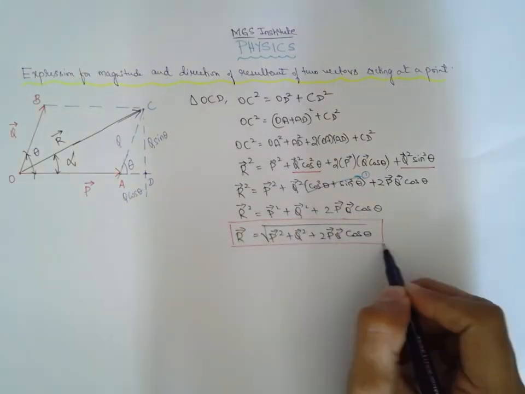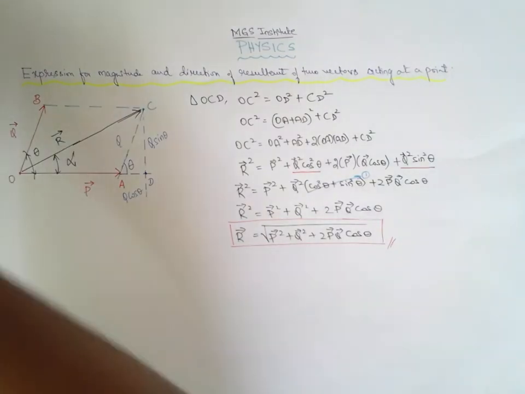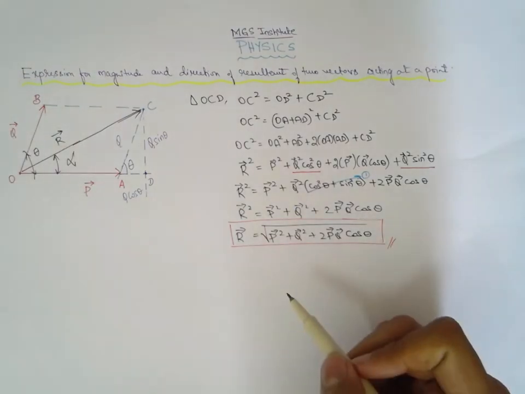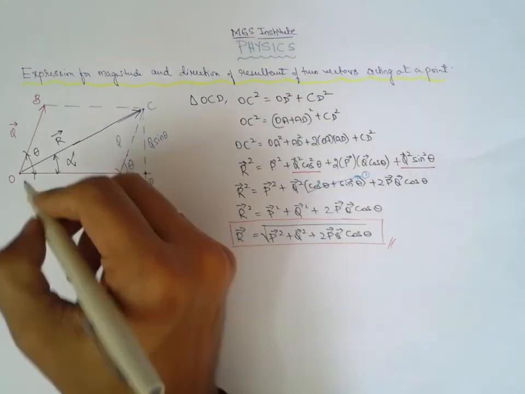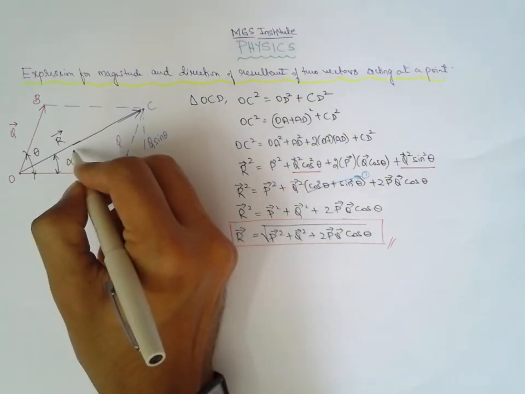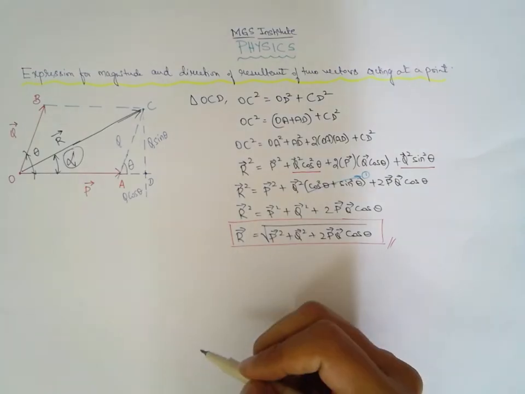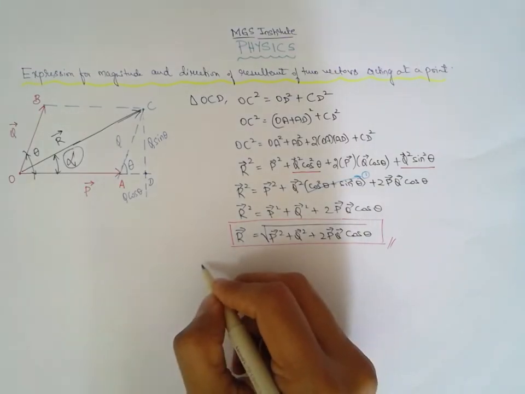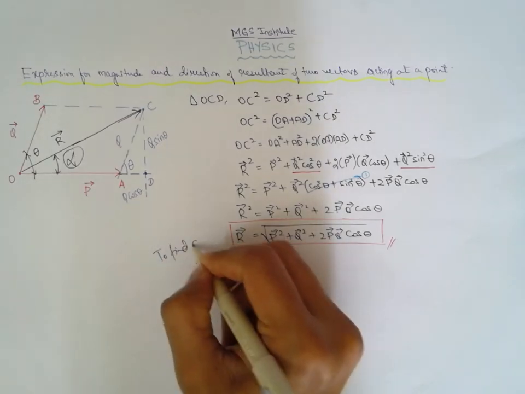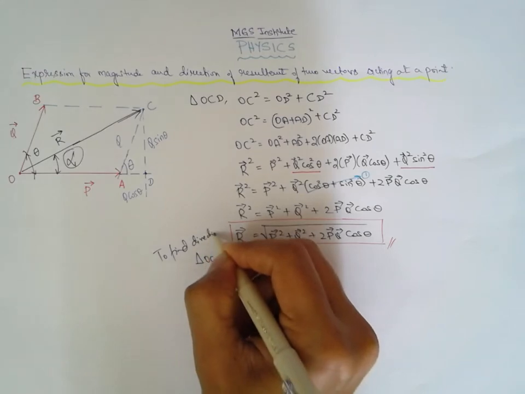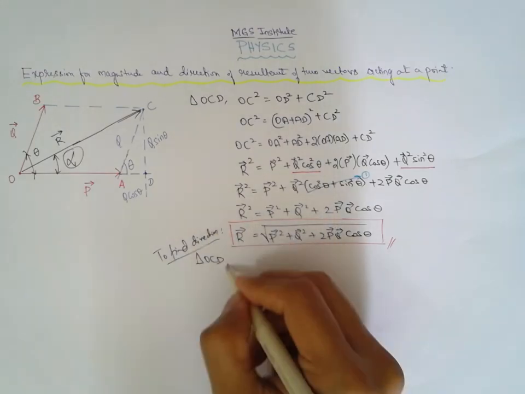Very important point, right? Now we have to find the direction. We say this alpha is the direction. To find the direction, let us again consider the triangle OCD.